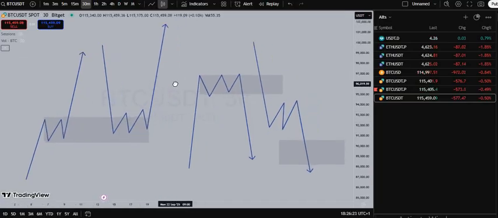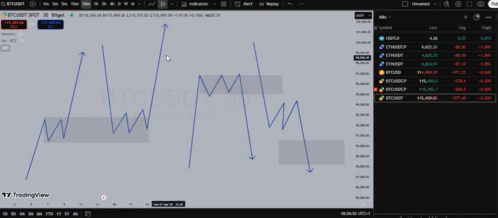So usually you have rally base rally as a bullish formation, and then you have drop base rally as another bullish formation. Now drop base rally comprises the same. It's a 3 or more candlestick formation, in which the drop is a bearish candle, the base is a smaller sideways price action, while the rally is a strong bullish candle.